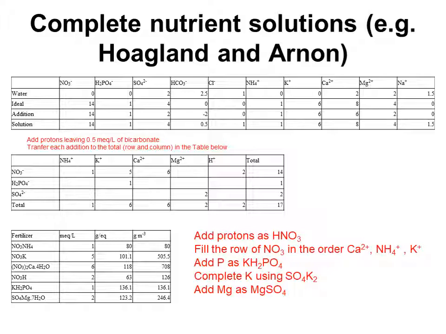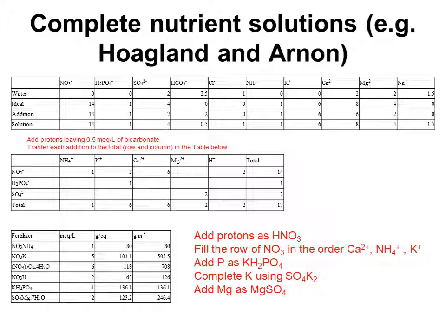We know that each equivalent of this compound weighs 80 grams. So we will need 80 grams per cubic meter, because milliequivalent per liter is equal to equivalents per cubic meter.